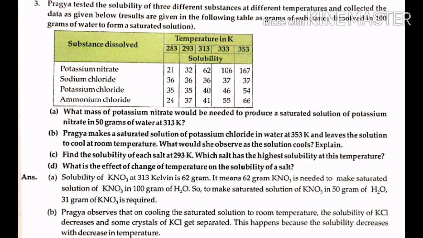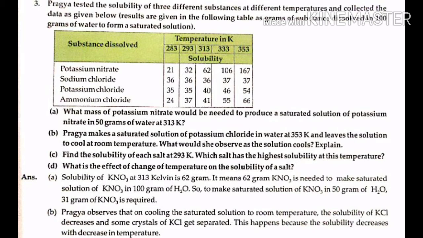A. What mass of potassium nitrate would be needed to produce a saturated solution of potassium nitrate in 50 grams of water at 313 Kelvin? B. Pragya makes a saturated solution of potassium chloride in water at 353 Kelvin and leaves the solution to cool at room temperature.